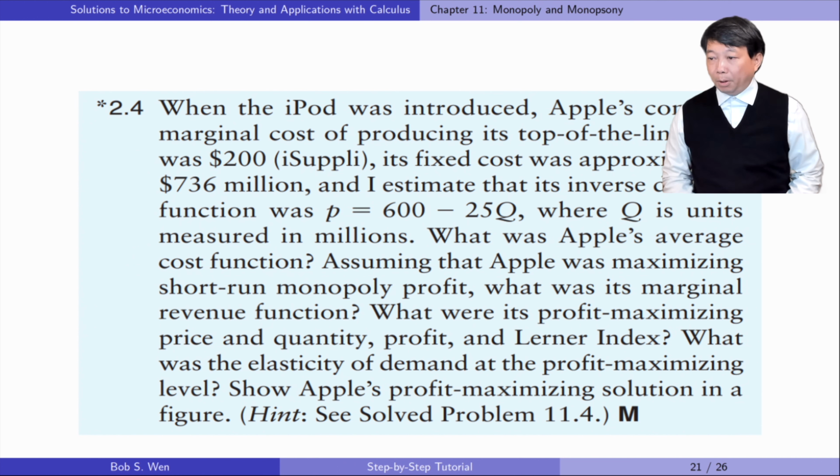Assuming that Apple was maximizing short-run monopoly profit, what was its marginal revenue function? What were its profit-maximizing price and quantity, profit, and Lerner index? What was the elasticity of demand at the profit-maximizing level? Show Apple's profit-maximizing solution in a figure.